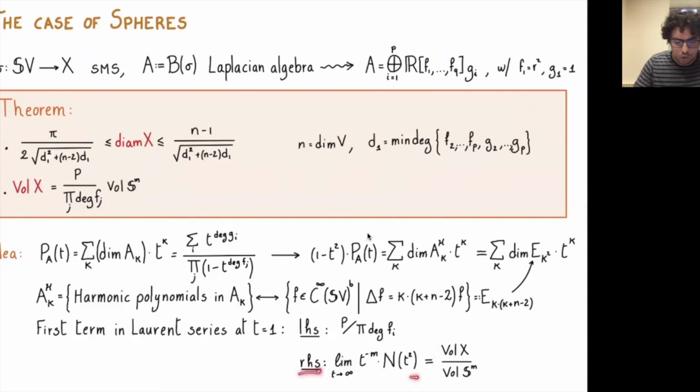On the right-hand side, what you're counting essentially is how the number of eigenfunctions of the Laplacian goes to infinity. So here is where you use the Weyl law, and you get just the volume of X divided by the volume of the sphere. And that's it. You compare these two, and you bring home the result.